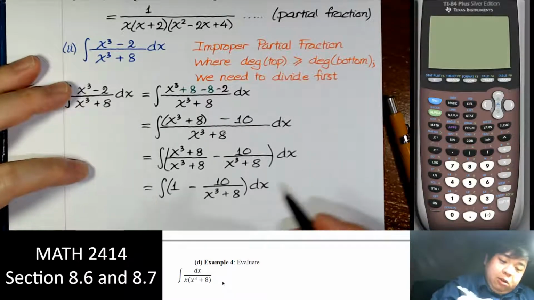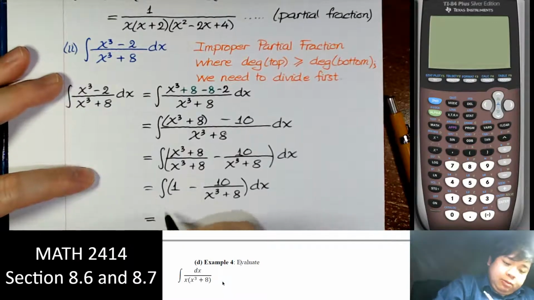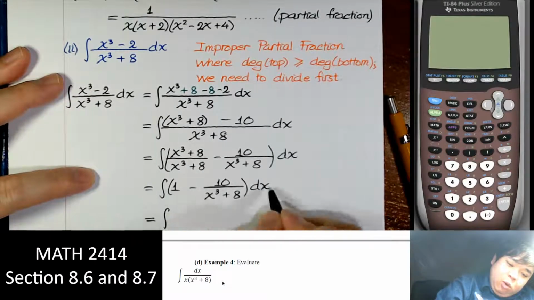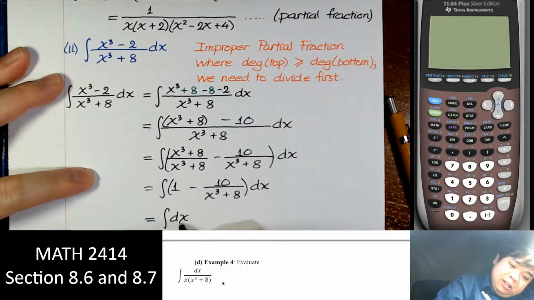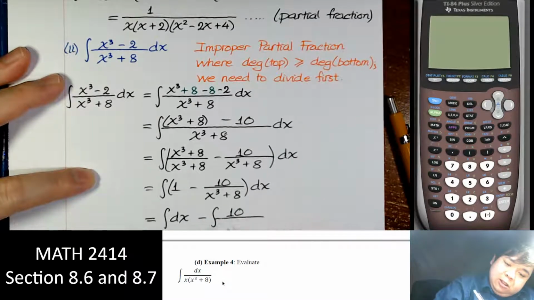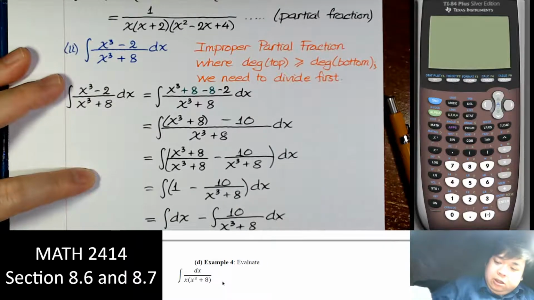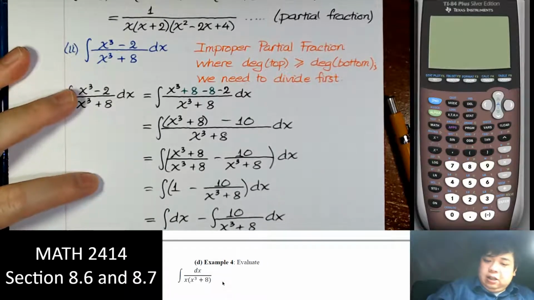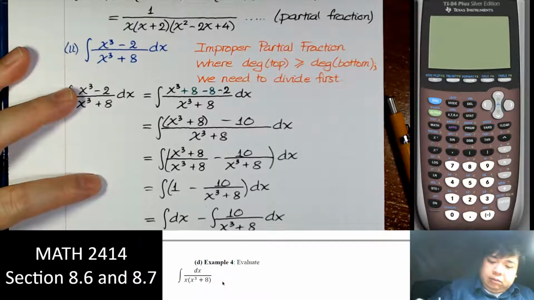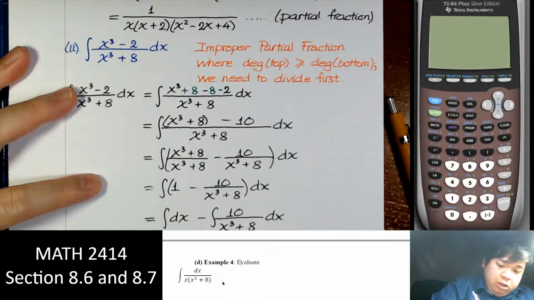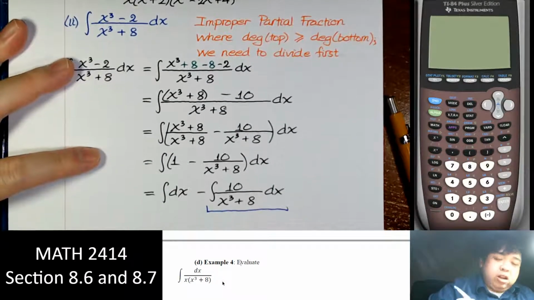But of course, we're going to split off 1 times dx. And this part, we're going to use partial fraction.